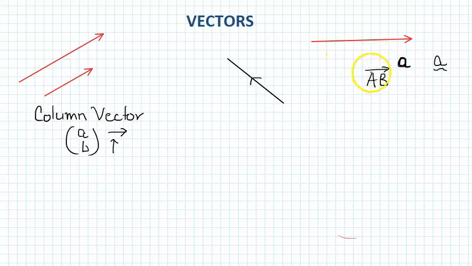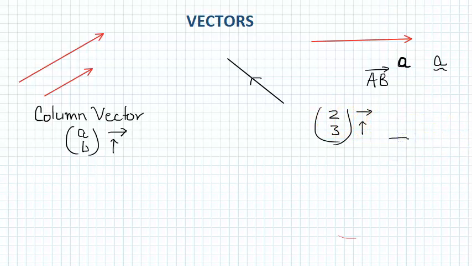Second thing is they are always represented by an arrow in any direction, and this arrow is correlated with the column vector. Let me explain how. Suppose we have a column vector, say 2 and 3. So 2 is supposed to move in this direction, and 3 is supposed to move in this direction. This can be started from any point.